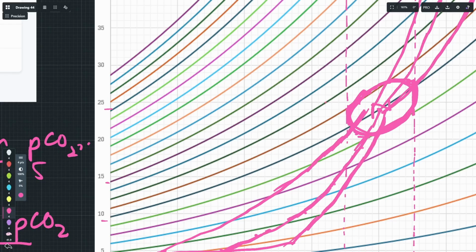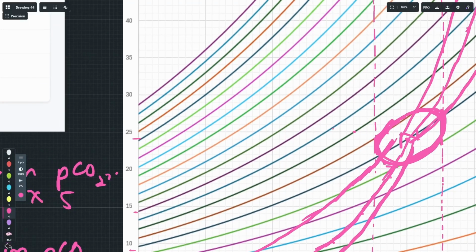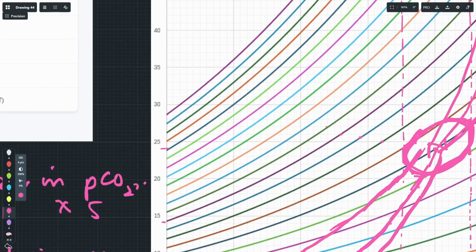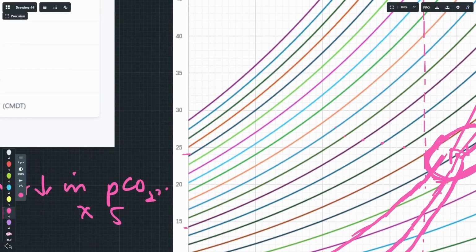Somewhat here, then half a unit, then again here, then here, and in this way, and I think up to here is enough.